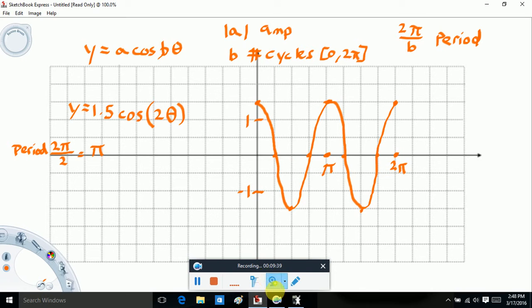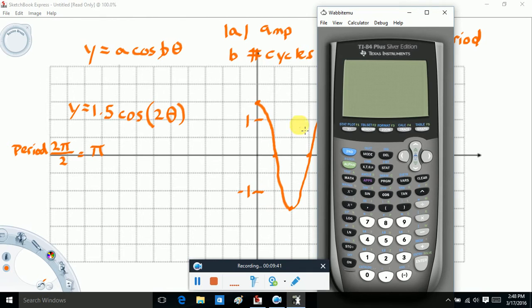Let's just do a quick example in the graphing calculator. So let's plot, instead of sine, let's use the cosine function. So cosine of 4x.